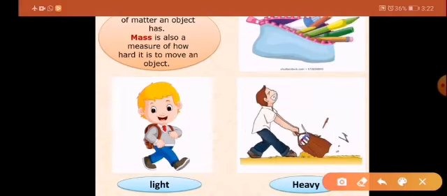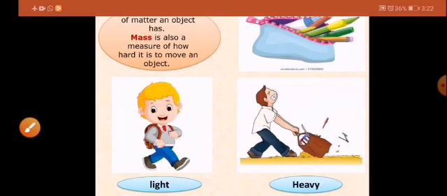So it's very hard to hold it or to move it. So if the mass of the matter is light, it means it contains less matter. But if the mass of something is heavy, it means it contains a big amount of matter. Okay?